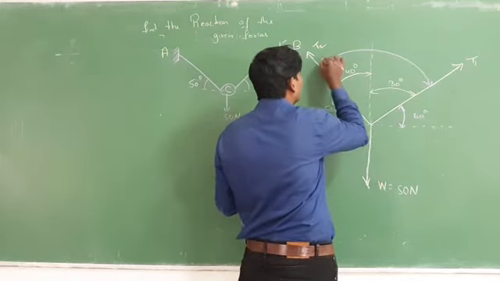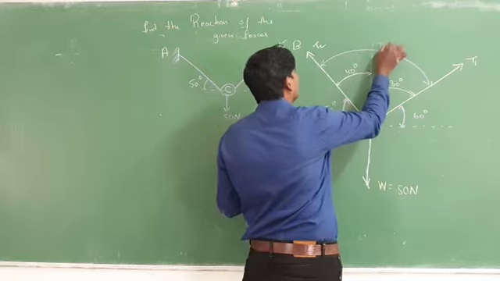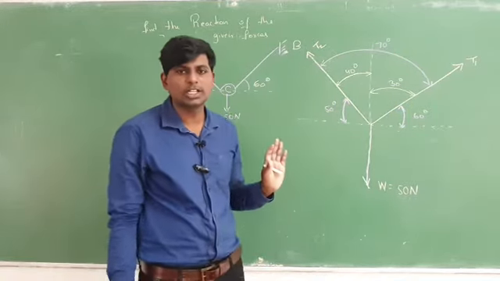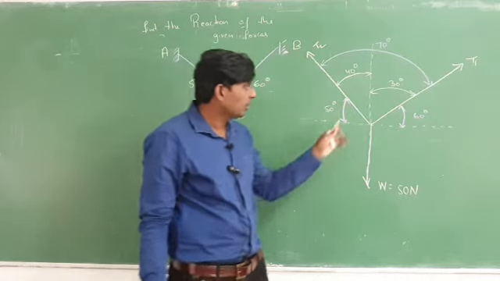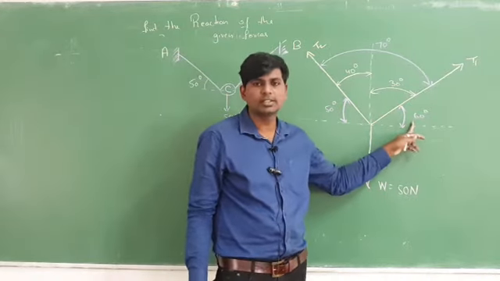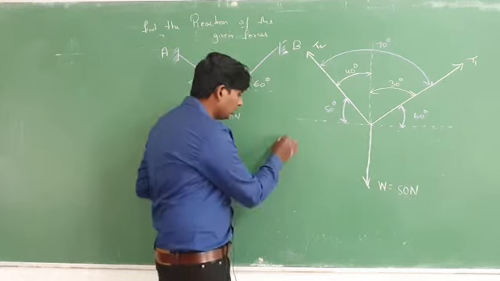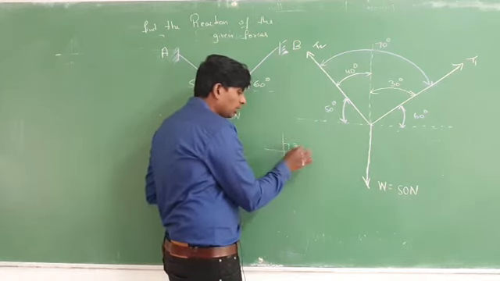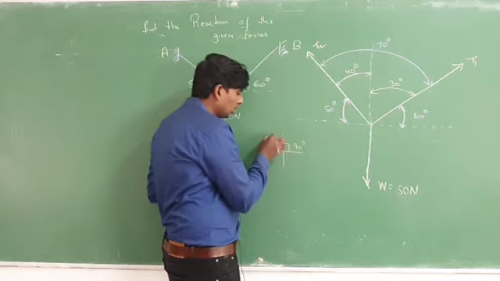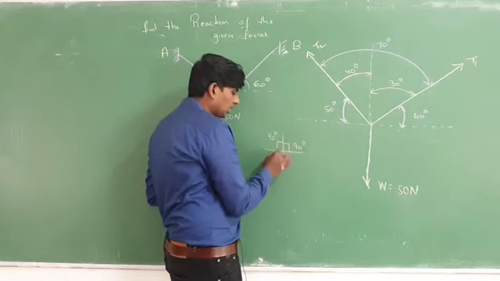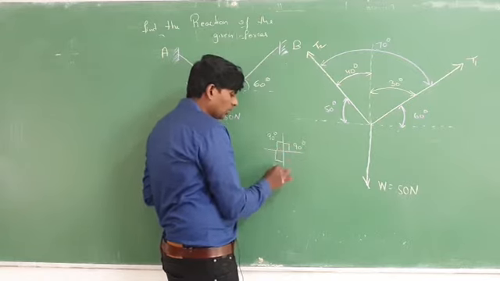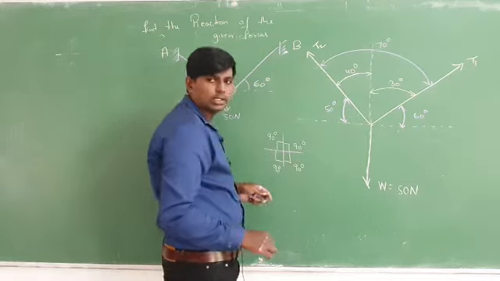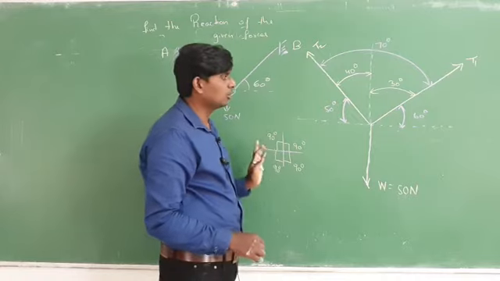From here to here the angle is 70 degree. In this quadrant the angle should be 90 degree, and in this quadrant also the angle should be 90 degree. The sum of this angle should be 90 degree.